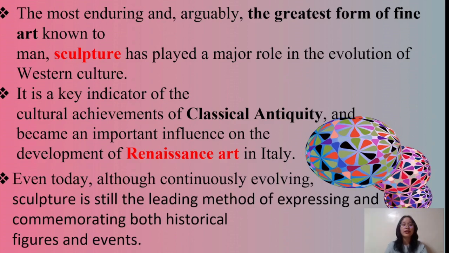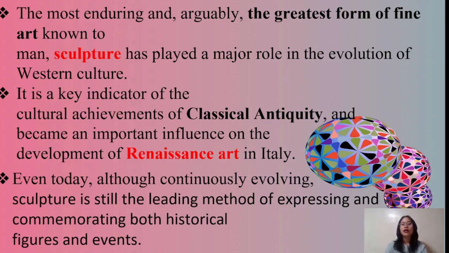Sculpture is an effective art in giving us a message. It tells us stories. It enables us to showcase the history of one's place. That is why it made a great contribution to the development of Renaissance art in Italy before. So we can see the art, sculptures, paintings, and other kinds of art in Italy during the Renaissance period.